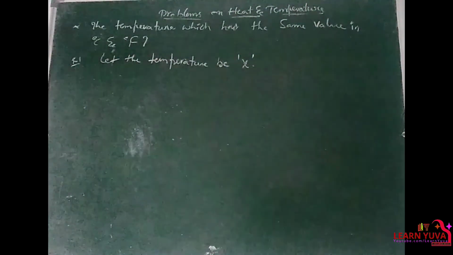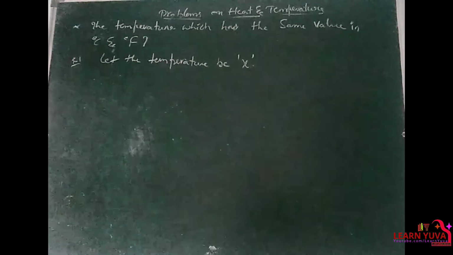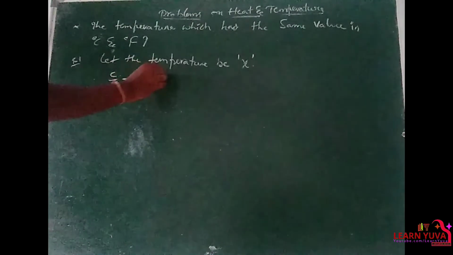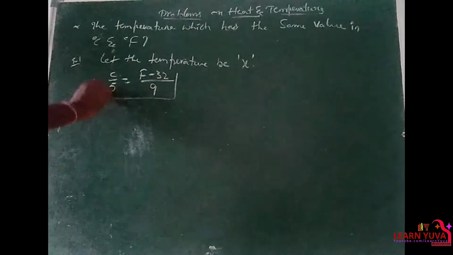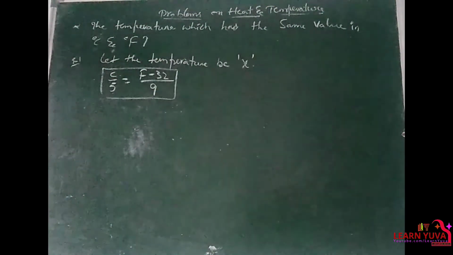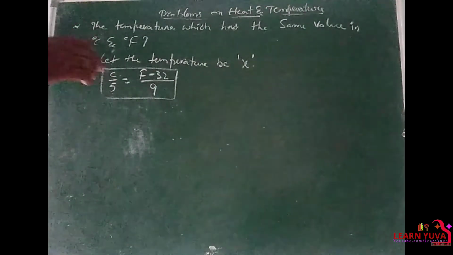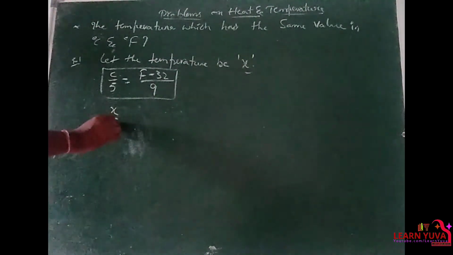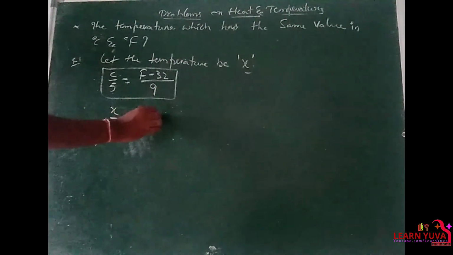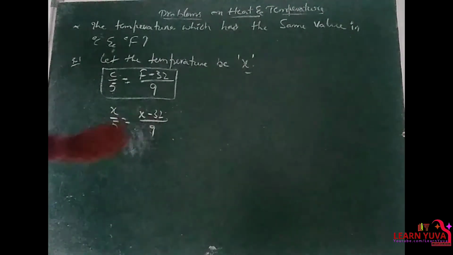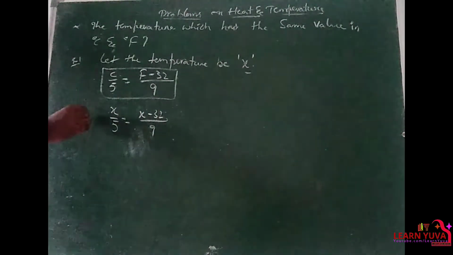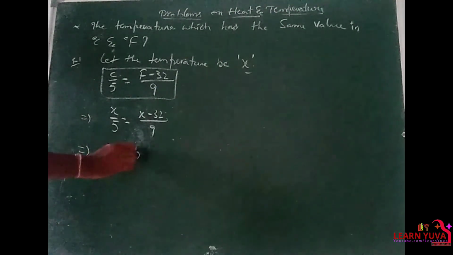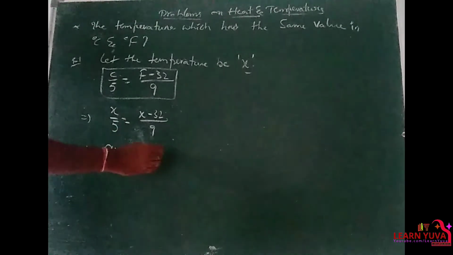The relation between C and F is C by 5 is equal to F minus 32 by 9. The common temperature is x, so x by 5 is equal to x minus 32 by 9. Do the cross multiplication. That implies 9x is equal to 5x minus 5 into 32, which is 160.